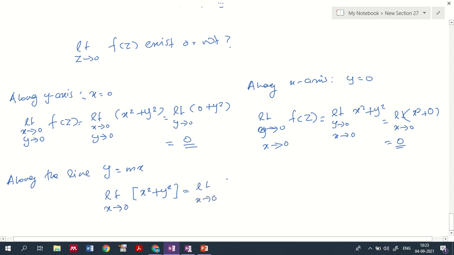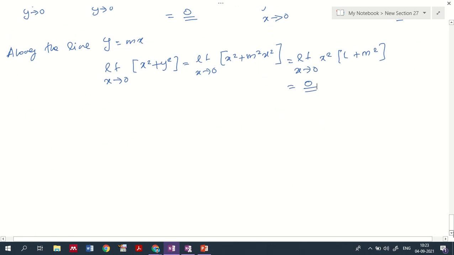X tends to 0, x square plus y square means that is m square x square plus x square, so I can represent like that. So that is equal to limit x tends to 0, because whenever you have x tends to 0, this I can write as x square into 1 plus m square. So this will be equal to again 0. So that means in this case the value of limit f of z is 0.